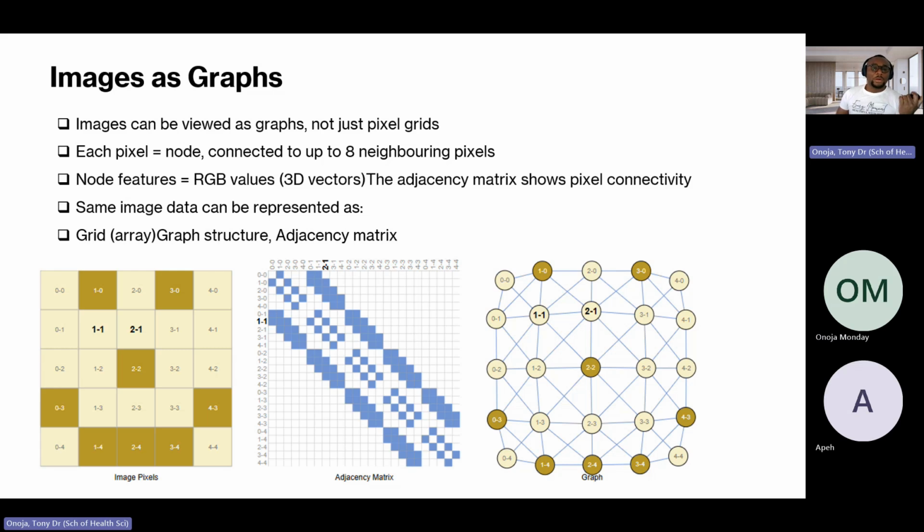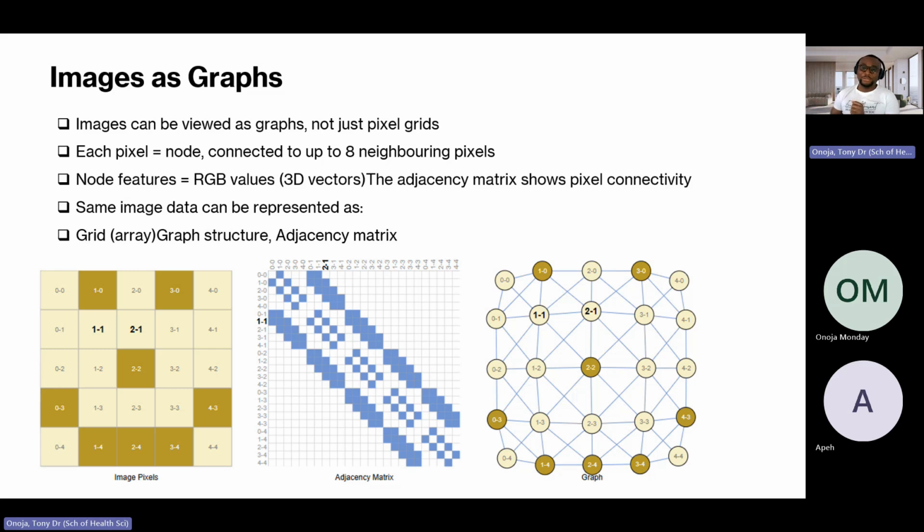Okay, so if we look at this image, you could actually see that these pixels, when you zoom into each of them, are represented as this grid, or sort of a heat map, in the first image here. However, when we put them on the number line, we consider them based on the adjacency matrix.